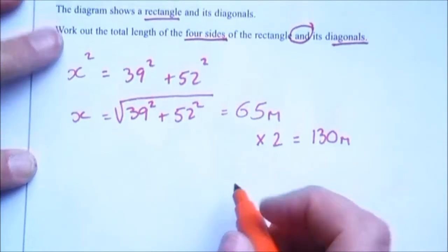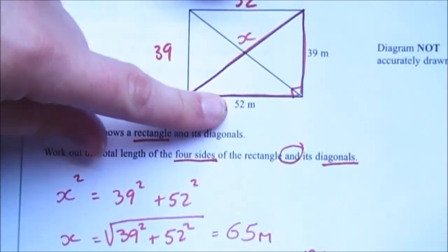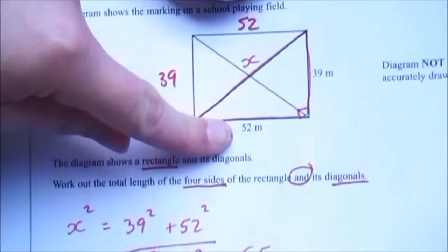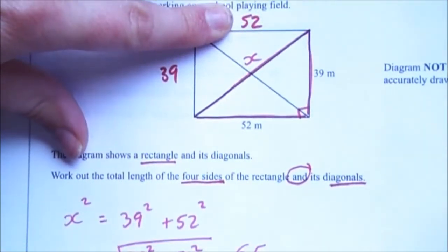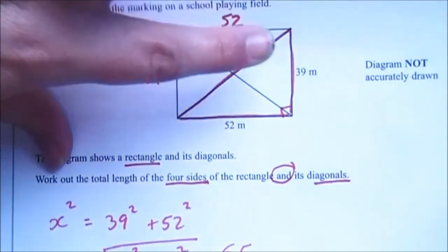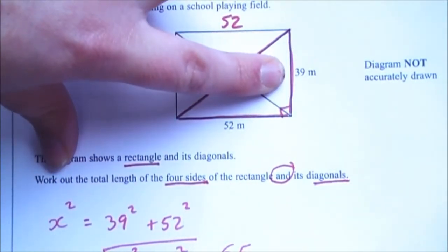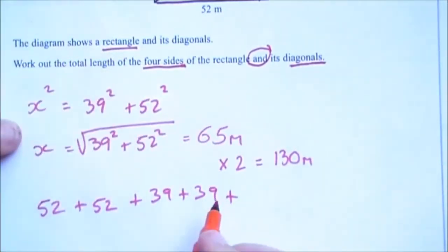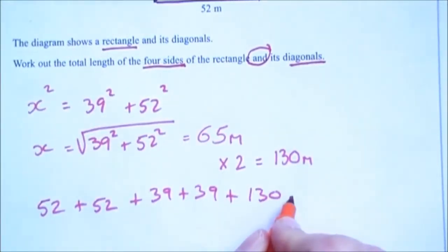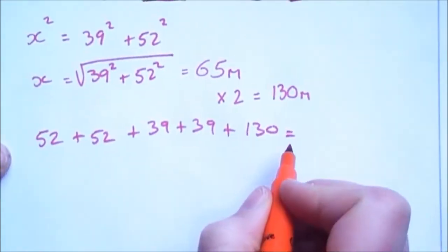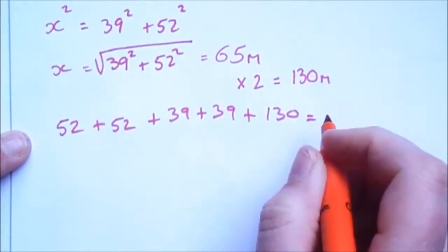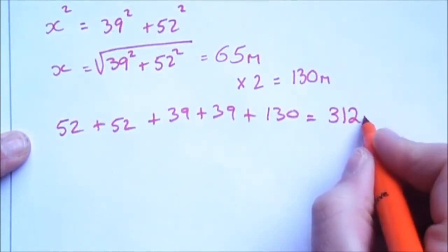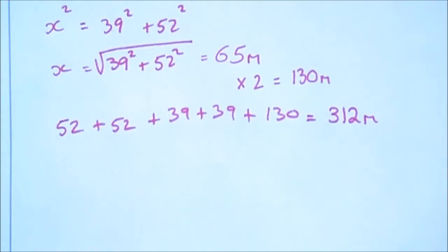Now I've got here my 52 and another 52 and my 39 and my other 39 and my 2 diagonals. And when I add all of those together, and even though it is adding, it's a calculator paper, so just in the interest of accuracy, use your calculator, and that will give you 312 meters.